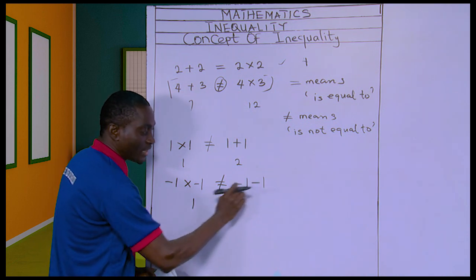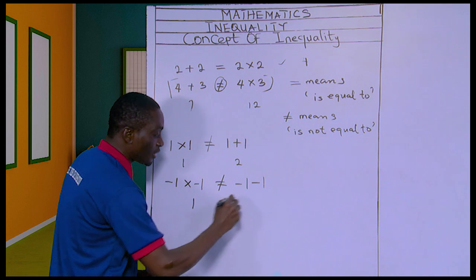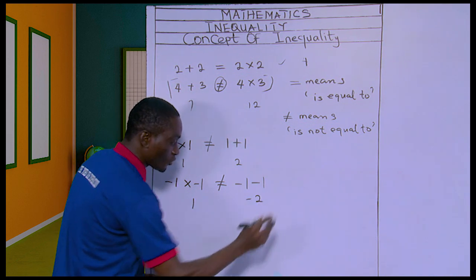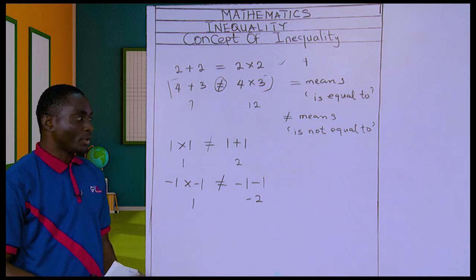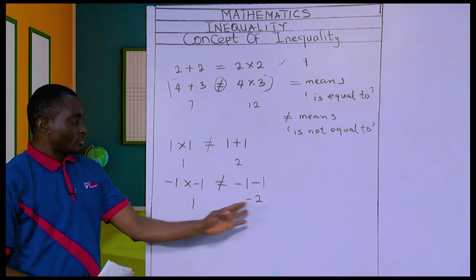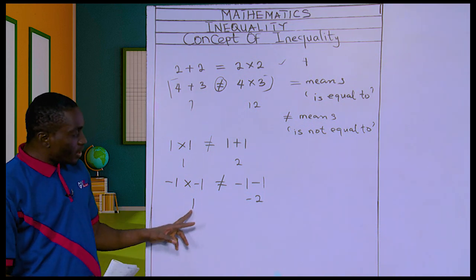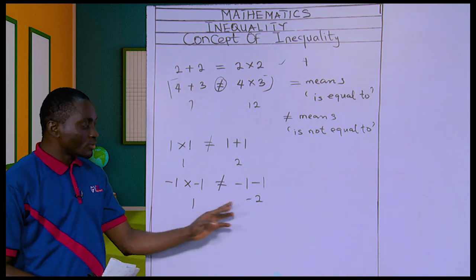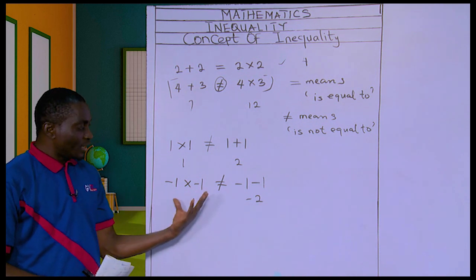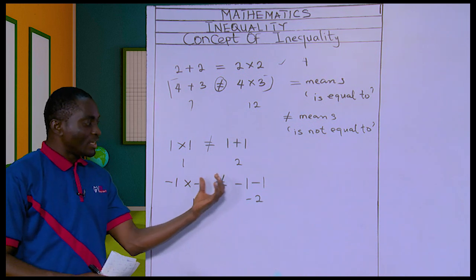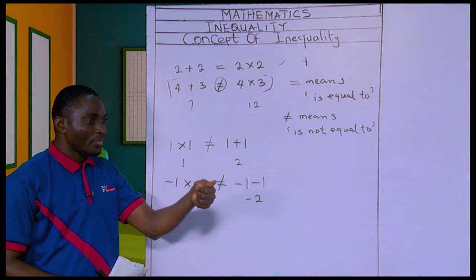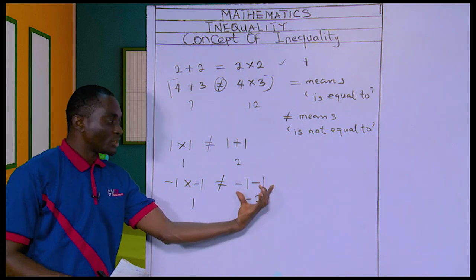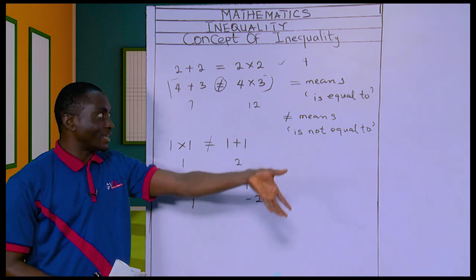The sum of minus 1 minus 1 gives minus 2. So 1 is not equal to minus 2. The expression here is not the same in value as the expression on the other side.